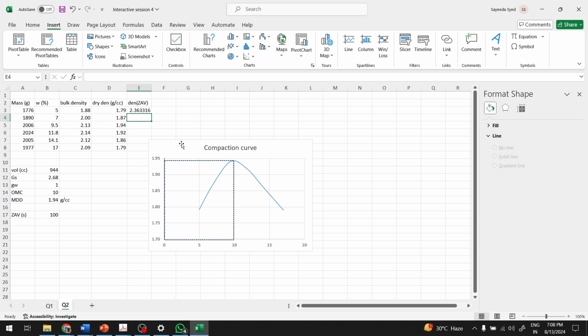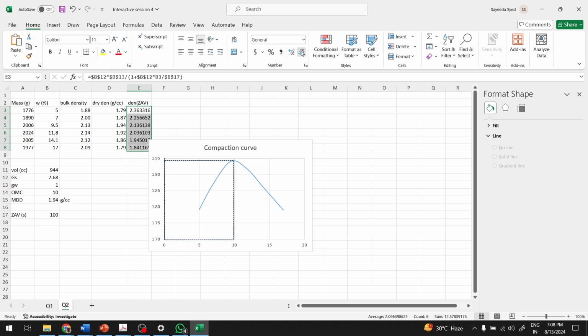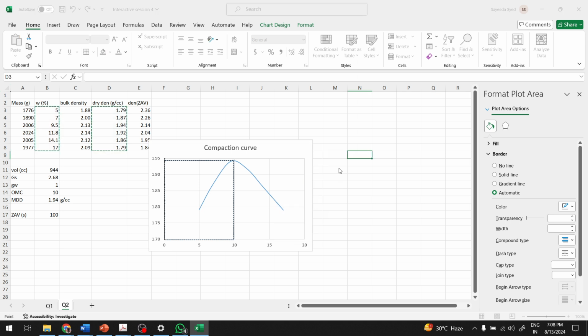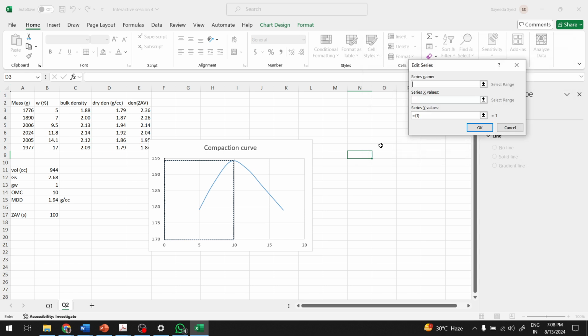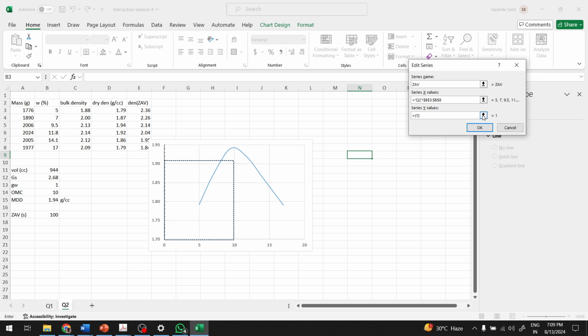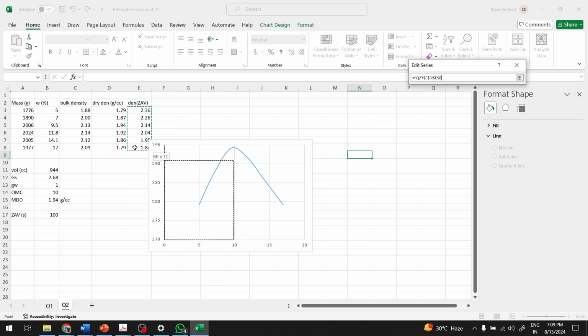Okay, and it's asking us to plot this line and show that the zero air void line does not intersect the compaction line. So we add this line, let's call it ZAV. X-axis is the water content, y-axis is the density at ZAV.